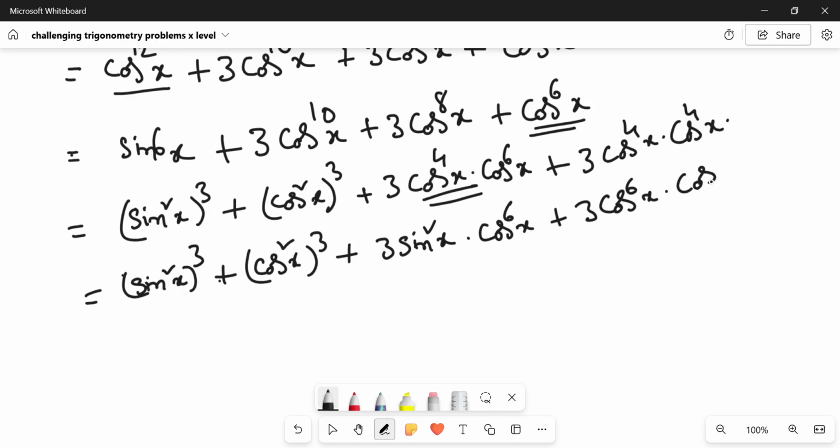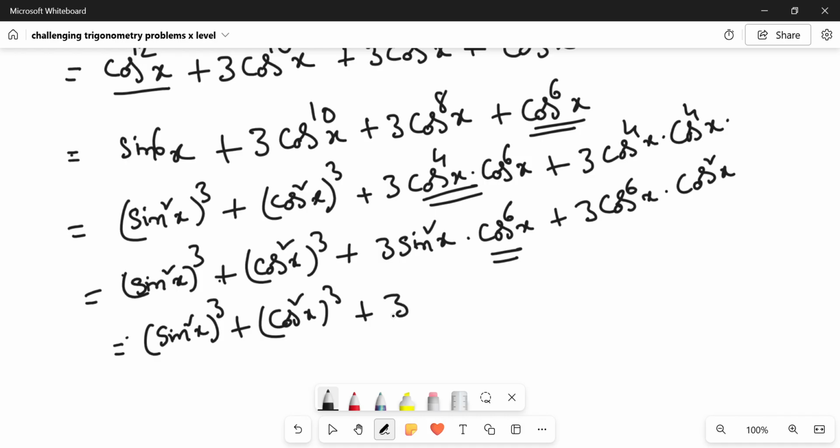Now here we need to do some more transformation. So that is sin square x whole cube plus cos square x whole cube, plus 3 cos power 6x, and 3 cos power 6x is there.